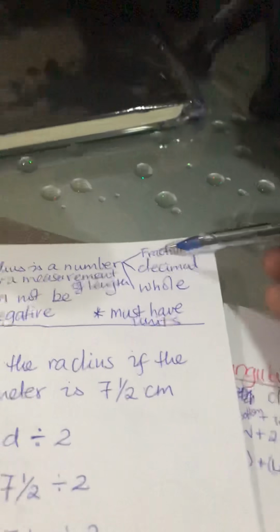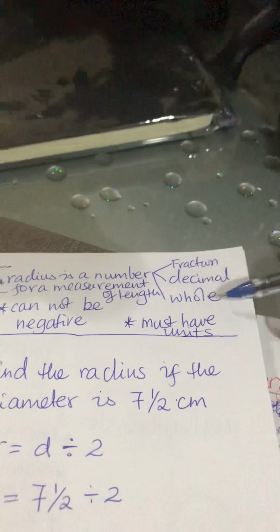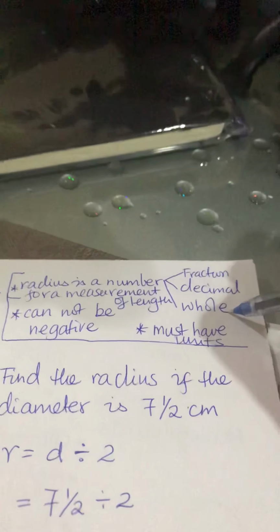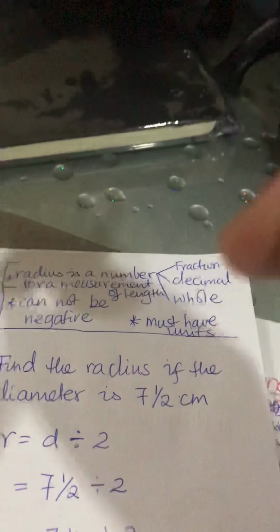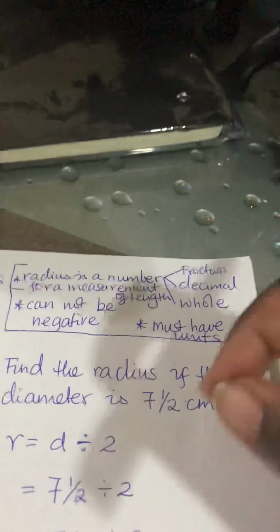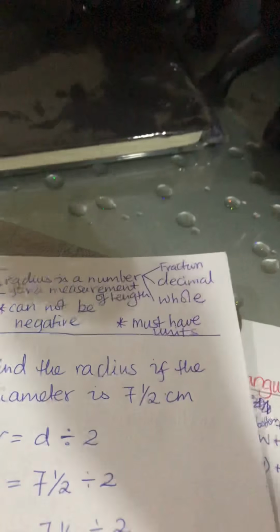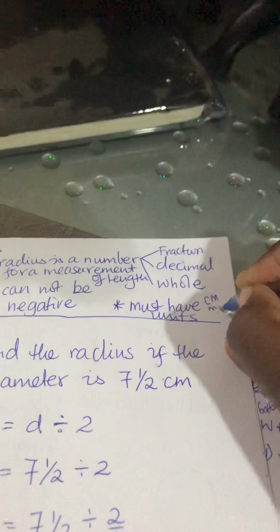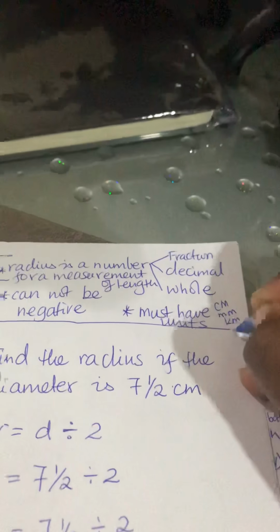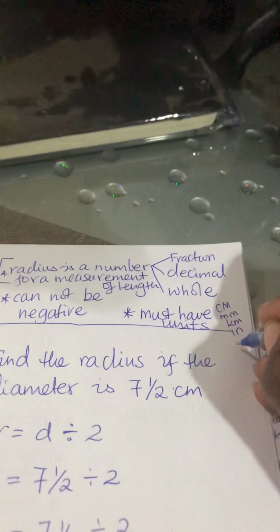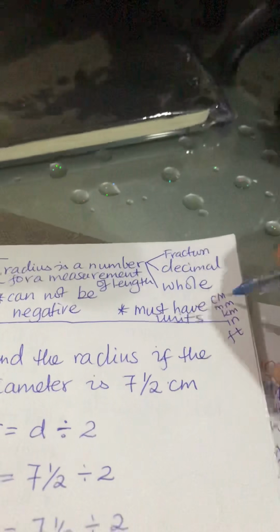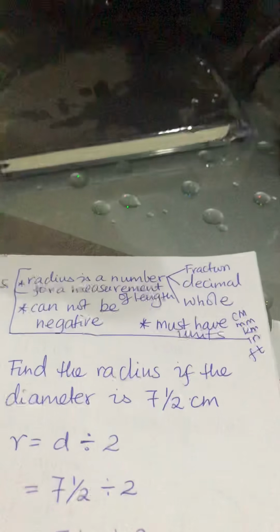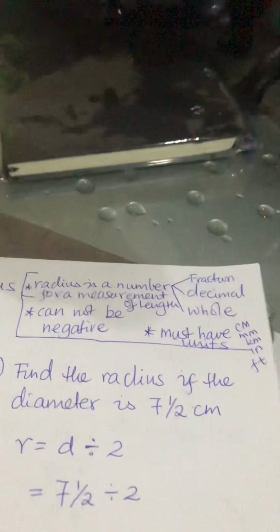And your numbers can be a fraction, a decimal, or a whole number. And since you're measuring length, you need to use units for length. Units like centimeter, millimeter, kilometer, inches, feet. These are units for measuring length or distance.